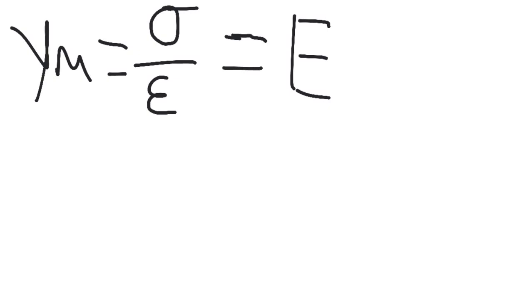So let's look at this very carefully now. We've come up with this arrangement, but what's the unit of Young's modulus? Well, stress has a unit of newtons per meter squared, but strain has no unit.